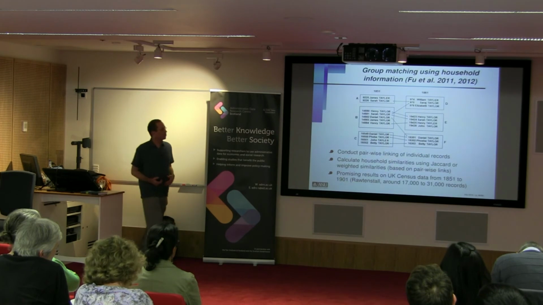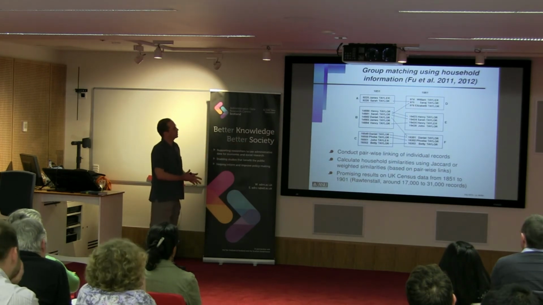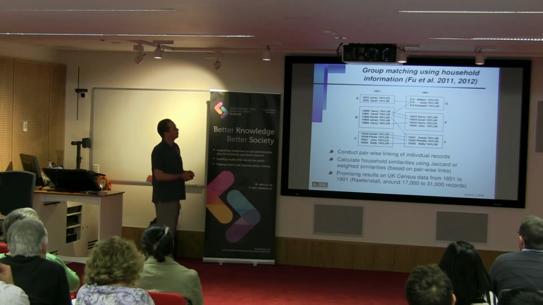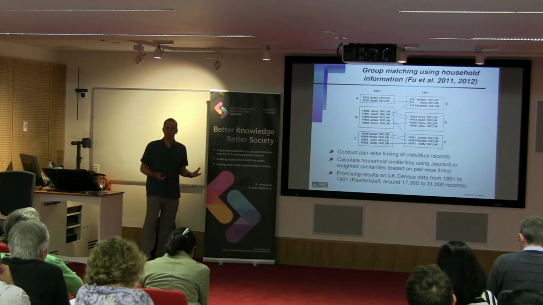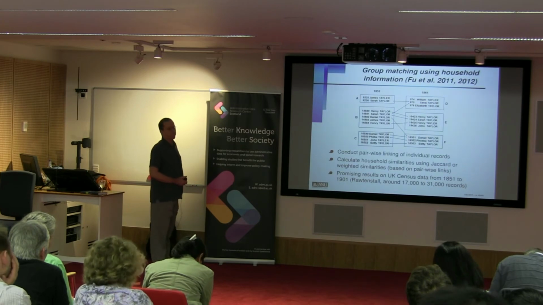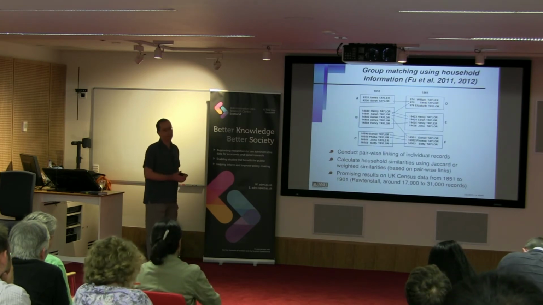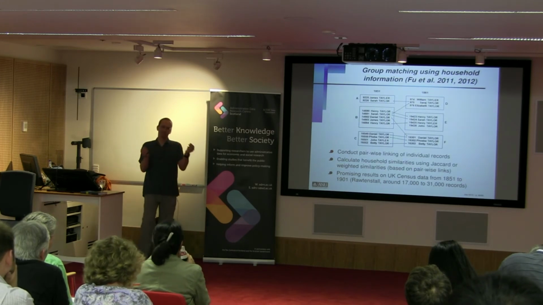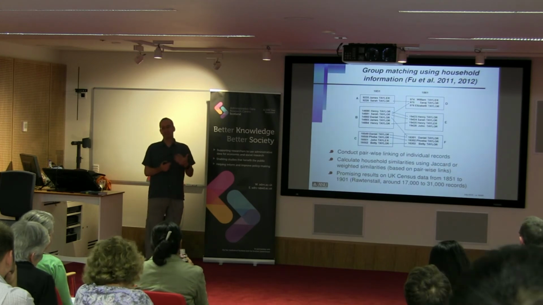Right, so a bit more work which I've done together with my PhD students, which is specifically aimed at looking at census data. So that's where we have specific types of information. I think that might be of interest to some of you. The first idea we had was to look at households. So this is the idea of group linking or group matching. Again, we go away from the simple pairwise linkage, or actually rather we use the simple pairwise linkage as the initial step.